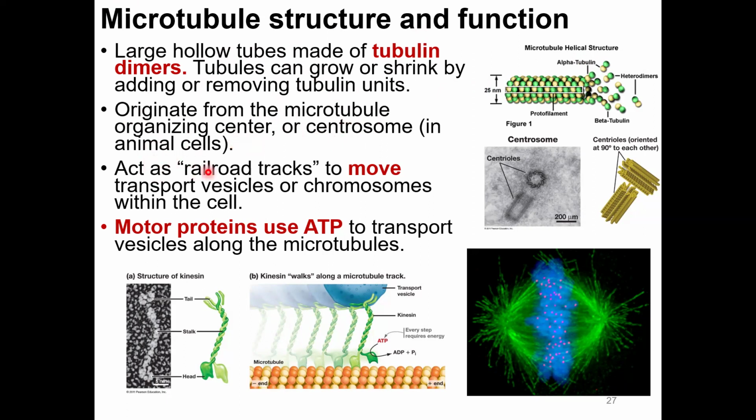It acts as a railroad to move the transport vesicles or the chromosomes within a cell. It's like taking a step throughout. It just walks on it. And essentially the motor proteins here end up using ATP to transport any vesicles along these microtubules. So they're just walking away.